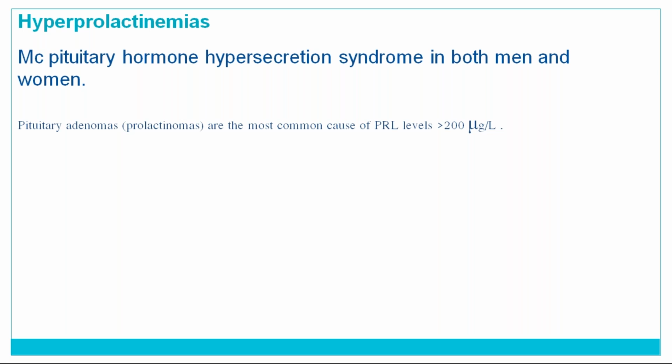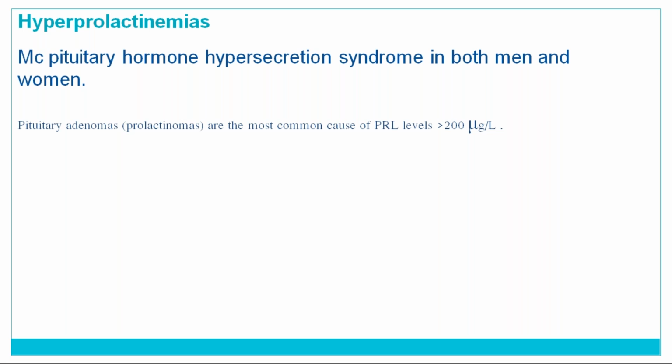Are there any other conditions where prolactin will be increased? Hyperthyroidism, rarely. Common things you tell. Pregnancy. In pregnancy and lactation, there will be increased prolactin secretion.